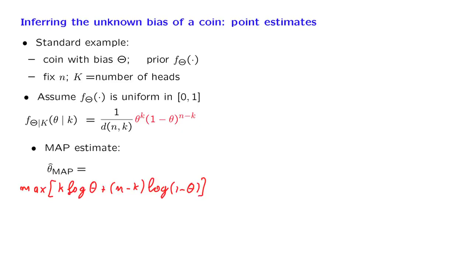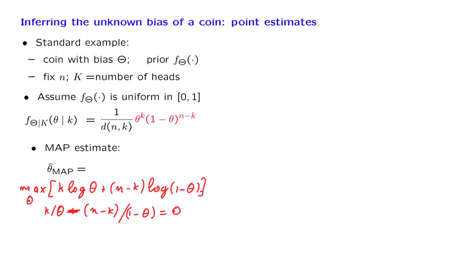To carry out the maximization over theta, we form the derivative with respect to theta and set that derivative to 0. So the derivative of the first term is k over theta, and the derivative of the second term is n minus k over this quantity, 1 minus theta. But because of the minus here, when we apply the chain rule, actually this plus sign here is going to become a minus sign. And now we set this derivative to 0.